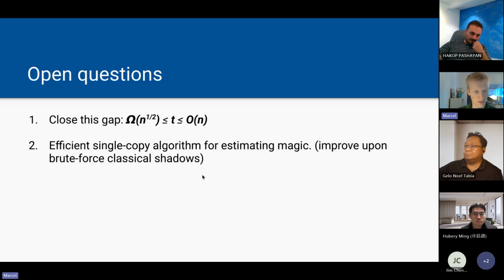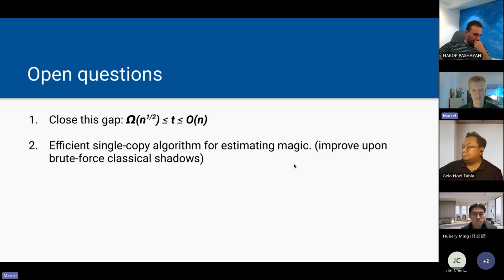And so we're in this weird situation where I know that the sample complexity of coming up with a single copy algorithm for estimating magic is low, because classical shadows solves that problem efficiently if I just care about sample complexity.